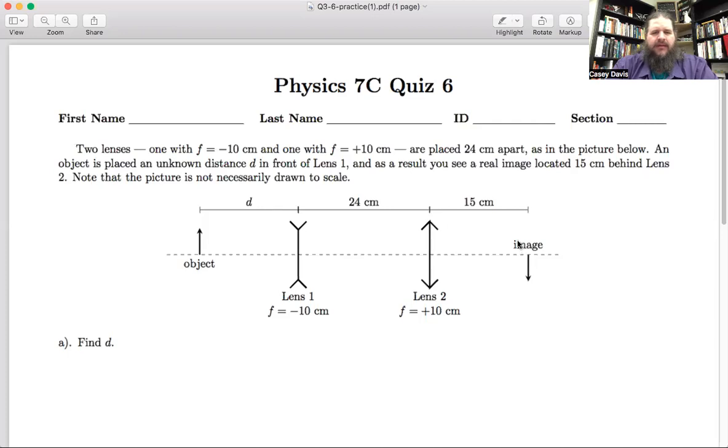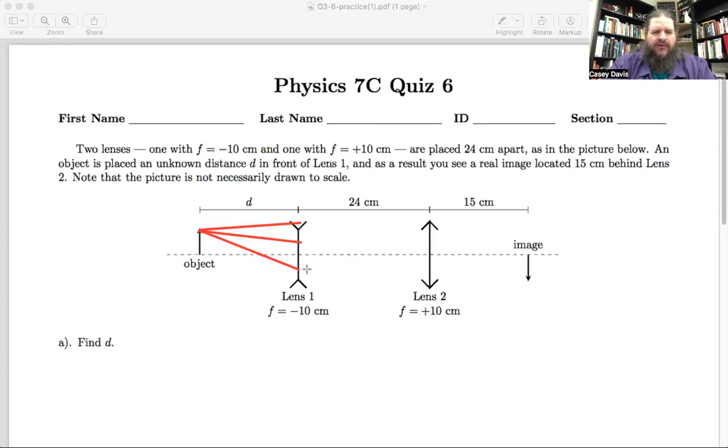Because we know that the image created by the first lens is effectively treated as the object for the second lens. Because if you take a look at the ray tracing here, without even really knowing the distances involved, if we just sketch out the rays, object 1 is going to create rays of light, which hit this diverging lens, and the diverging lens is going to make those rays of light spread out.